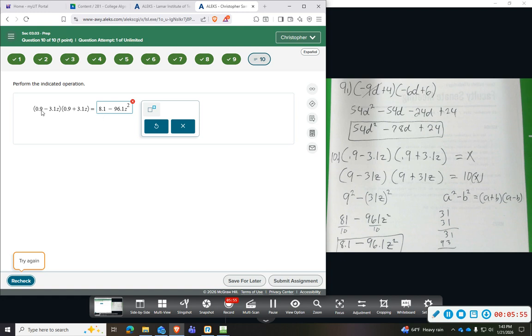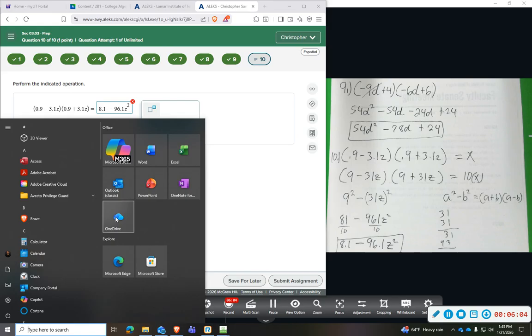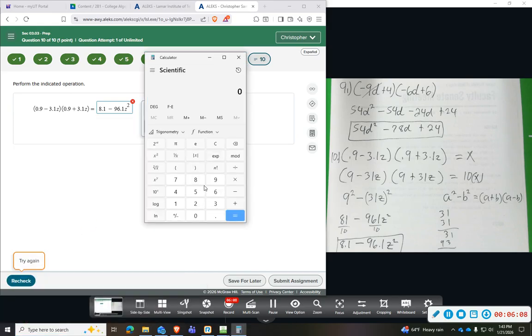And they don't like that, so let me just double check. That all looks good. Let me confirm 31 squared. Yep, 961. It all looks good.